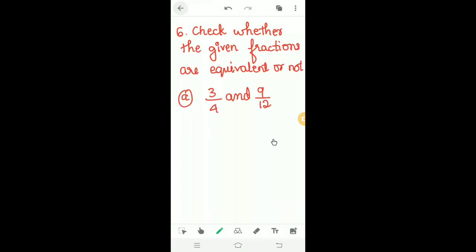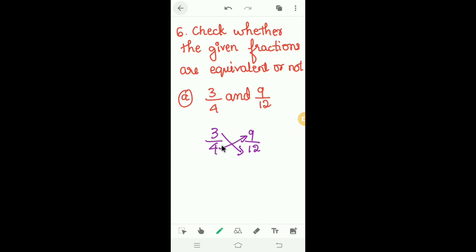Let's solve the sixth one. Check whether the given fractions are equivalent or not. Here first one, 3 by 4 and 9 by 12. Here we have to multiply the numerator of the first fraction by the denominator of the second fraction, and the denominator of the first fraction by the numerator of the second fraction.